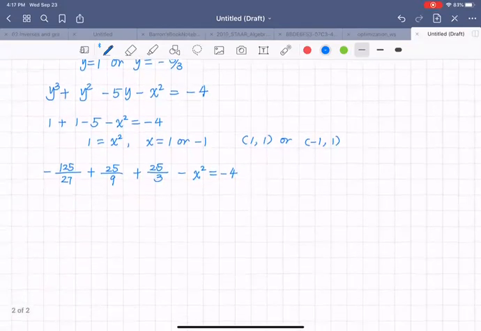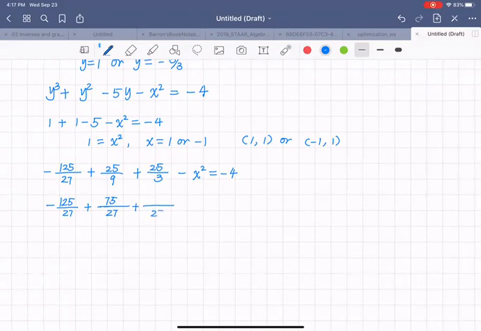So if I make everything over 27, this becomes 75, and this becomes 135.